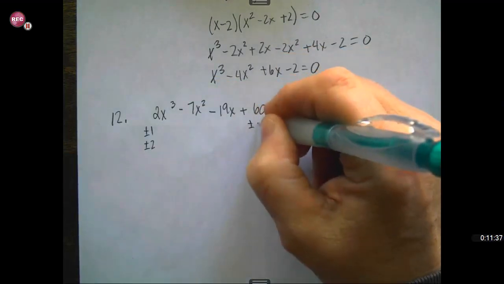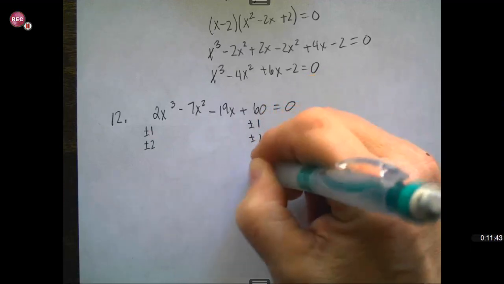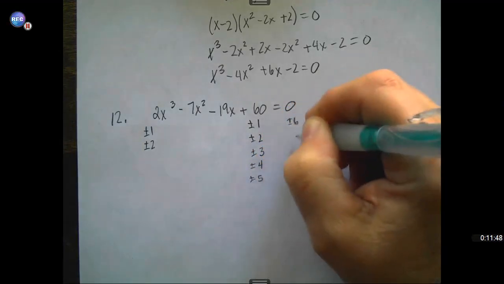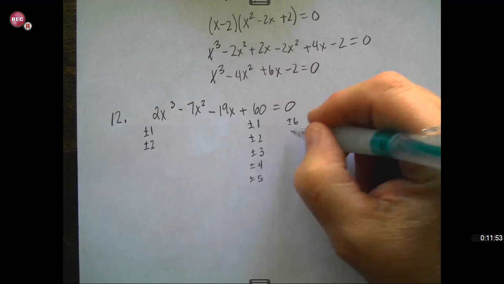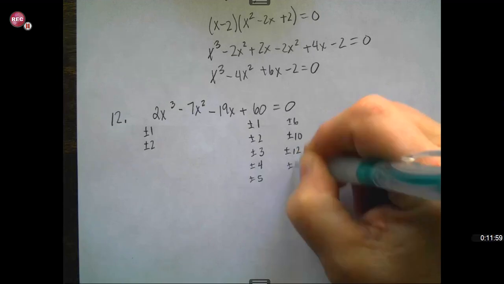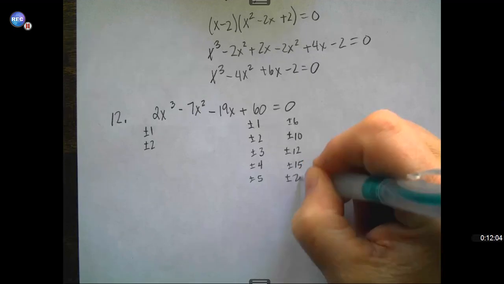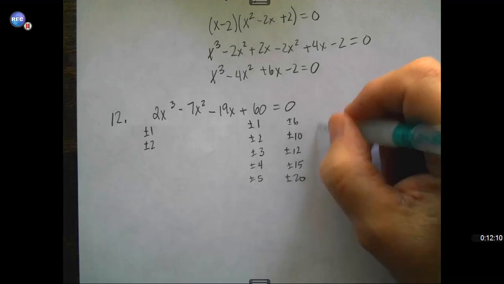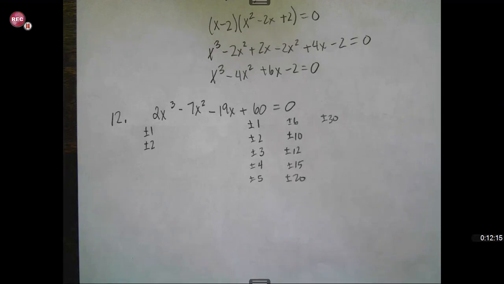It's going to be an extensive list: plus or minus 1, 2, 3, 4, 5, 6 goes in, no 7, no 8, no 9, 10, 12, 15, 16, 17, 18, 20, 30, and that's about it, I think.